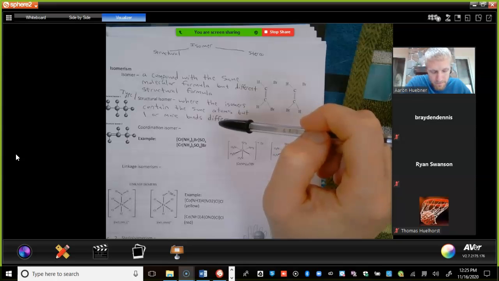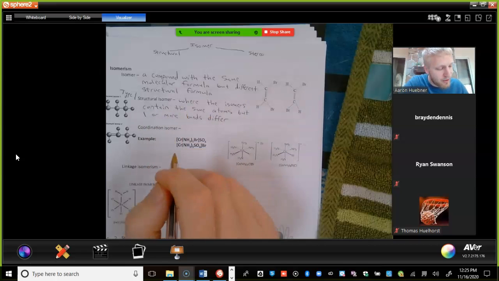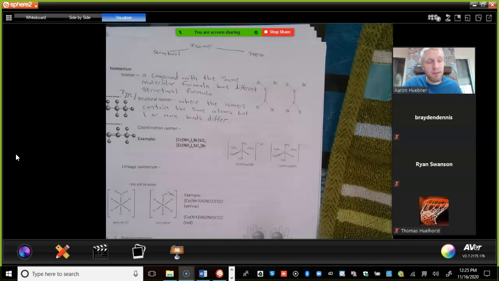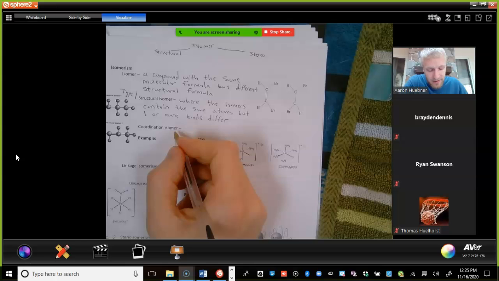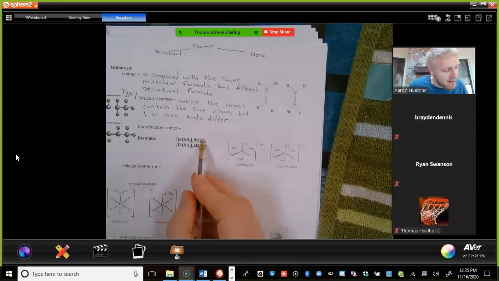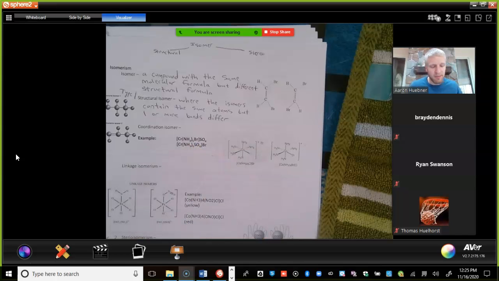So, since we're on the mission of structural isomers, we might as well talk about the 2 kinds that pertain to coordination compounds. Well, one's a coordination isomer, and here's an example. It's where the anion is the ligand in one isomer, and it's the anion in the other. So these are coordination isomers.